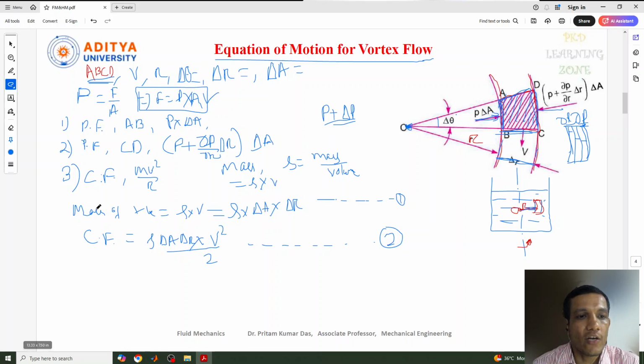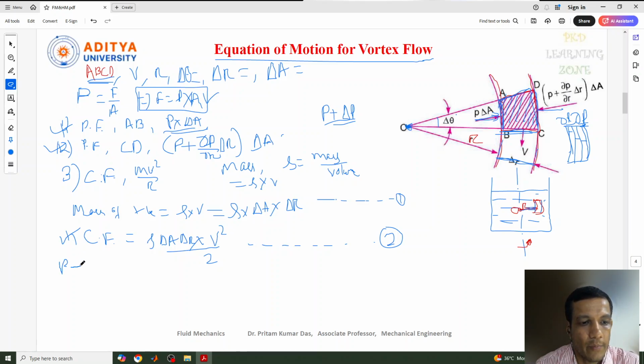Now let's equate all these forces in the radial direction. This is one equation, this is one, and this is one. Let's equalize these three equations in the radial direction. So what will we get here?